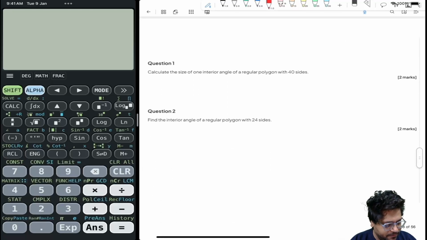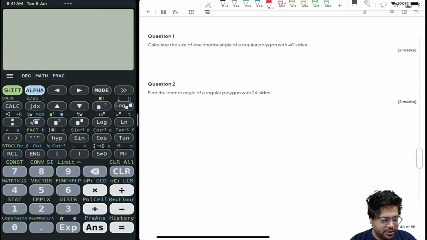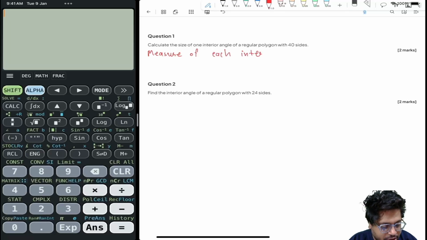The first worksheet. See the question. Calculate the size of one interior angle of the regular polygon with 40 sides. Now you already have this formula: measure of each interior angle is 180 minus 360 upon n.